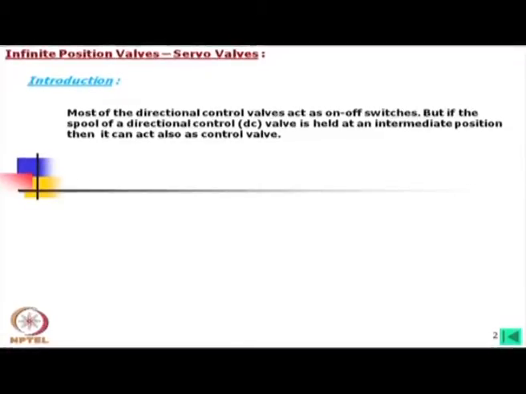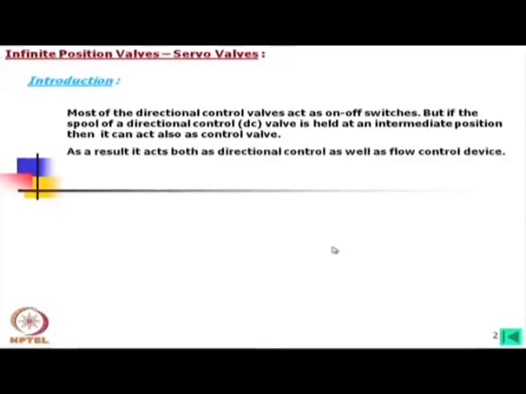Even on-off is itself a control, which is just 1 or 0, 0 or 1. In that case, you will get some intermediate positions to control the flow as well as the pressure. As a result, it acts both as a directional control as well as a flow control device.